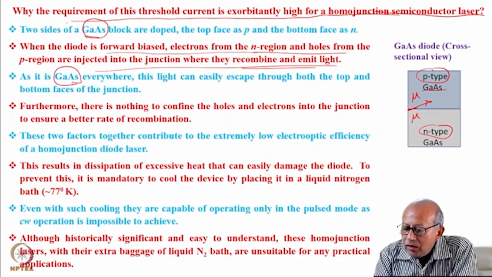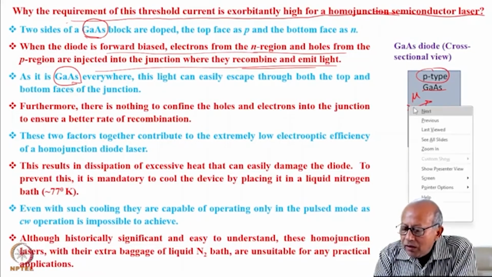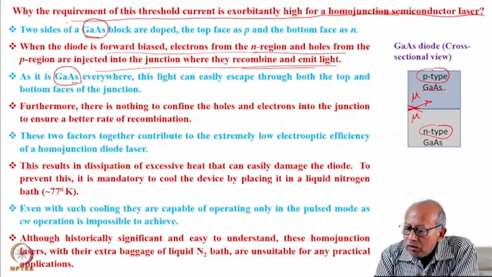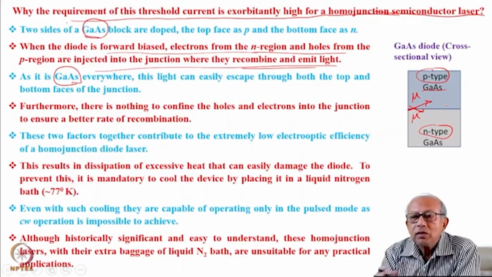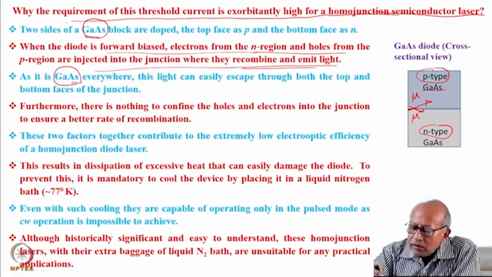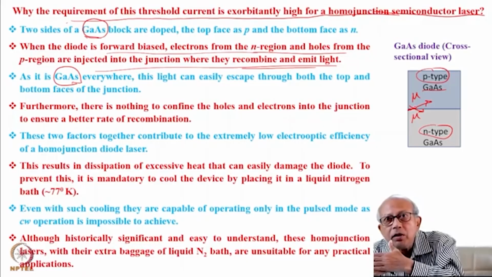Or if it is created right in the vicinity here, it will just get out, because there is no interface. Everywhere the refractive index is the same. So there is no way that the emitted light can be confined to facilitate the process of lasing.